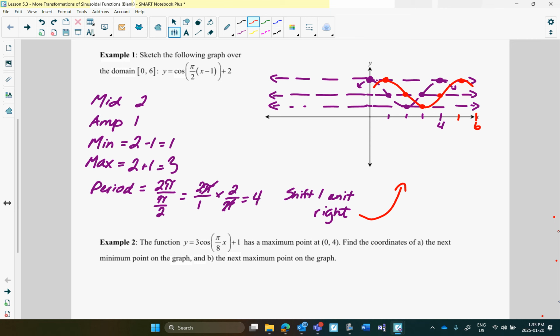Where is the point going to be when I go back following this cycle? Not 0, midline. So I can stop there. Following this cycle, at 5 it's at the max, so at 6, it's back to the mid. There it is.